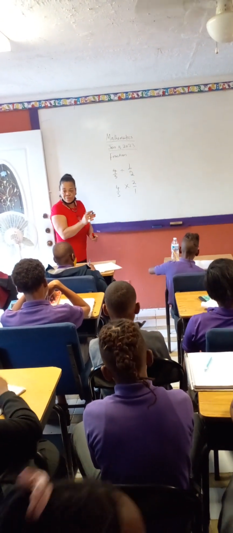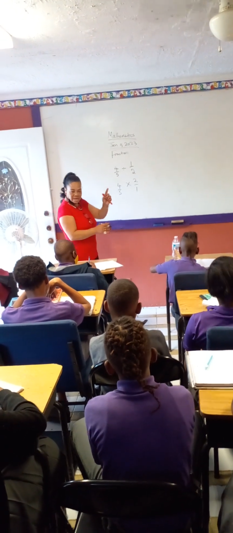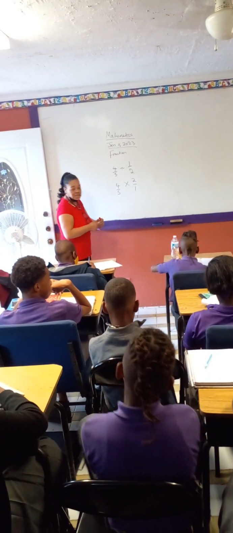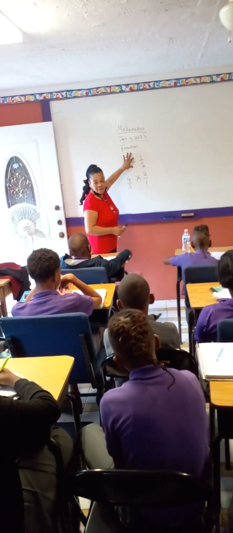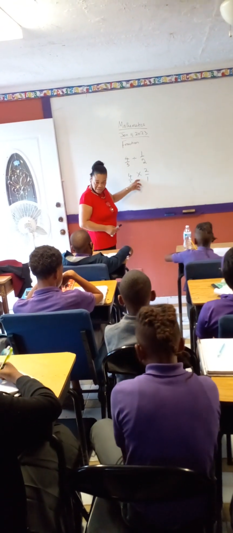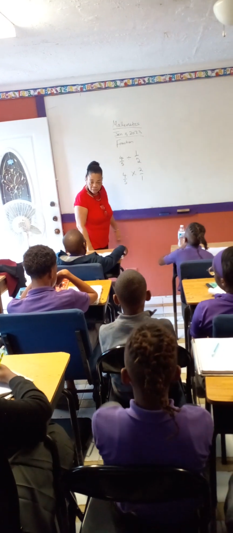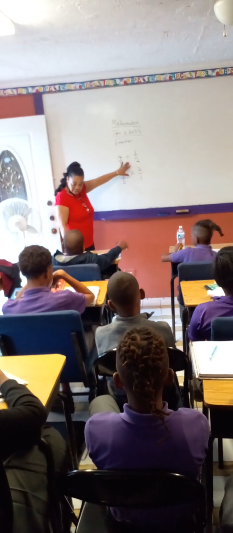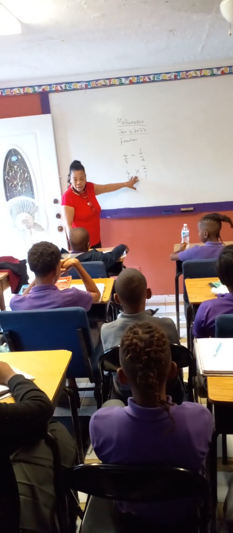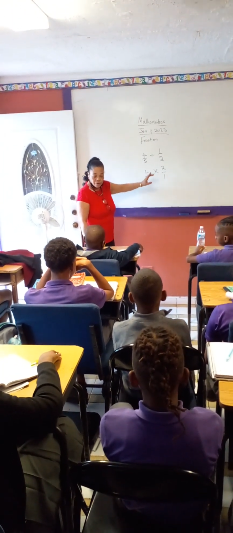We're going to flip it over, Shabazz. Turn it upside down. We're going to change the sign from a division to a multiplication. What am I doing, Dante? I'm changing the division sign to a multiplication sign. That's the first step.